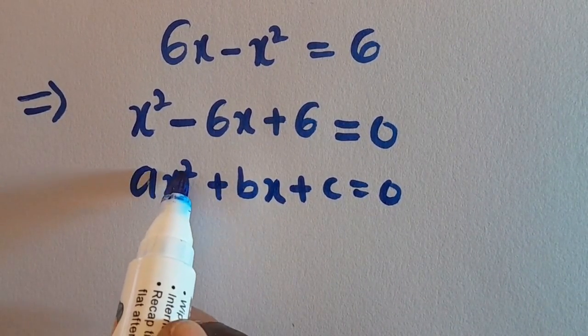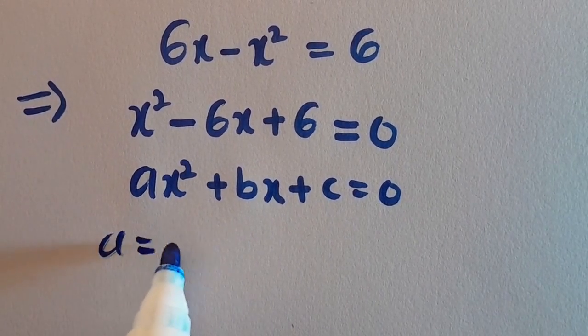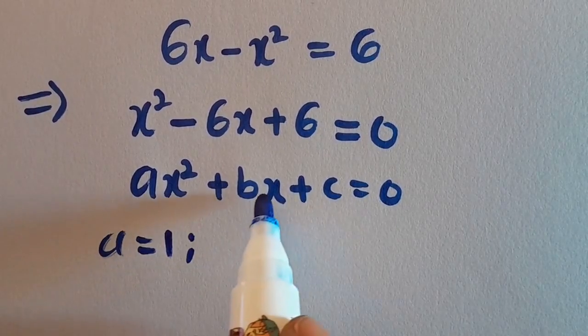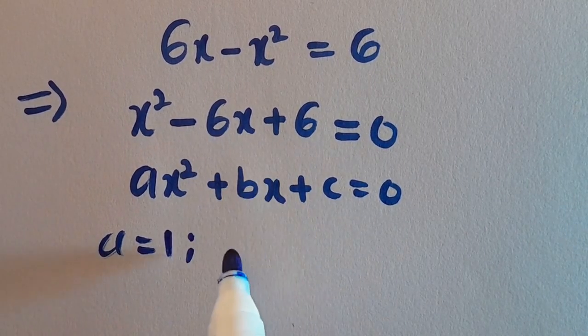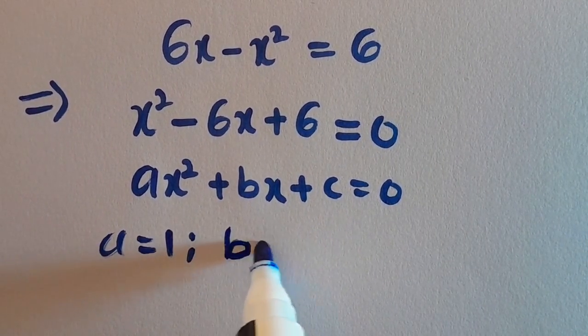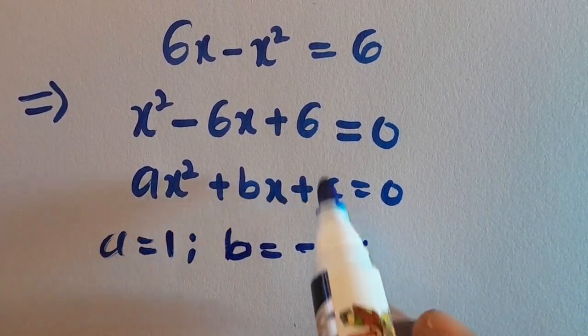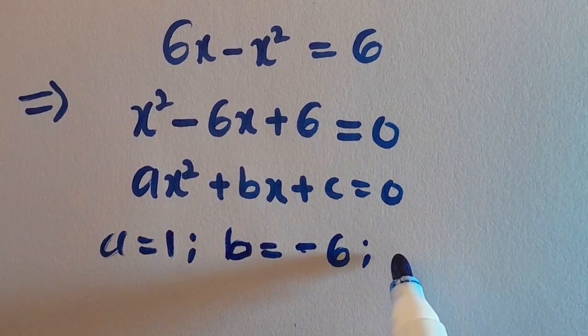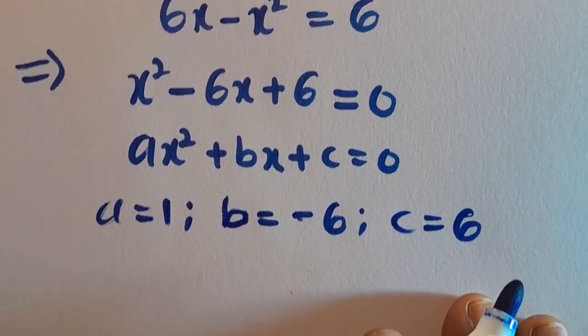Now the coefficient of x squared here is a. The coefficient of x squared here is what? a equals 1. Now the coefficient of x here is b, and the coefficient of x here is minus 6. So we have b equals minus 6. The constant value here is c. The constant value here is 6. So we have our c equals 6.